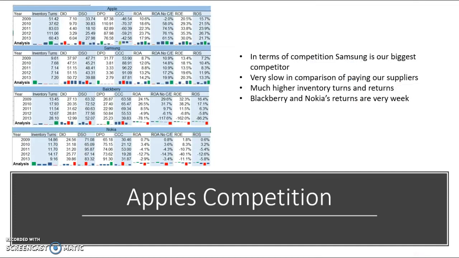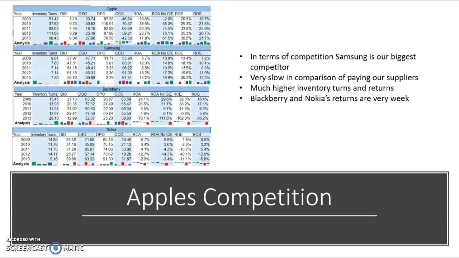Apple's competition. In terms of competition, Samsung is their biggest competitor. With the data that's provided in the case study, BlackBerry and Nokia are kind of dismal in comparison. Their returns are very weak and don't show much of a threat to Apple.